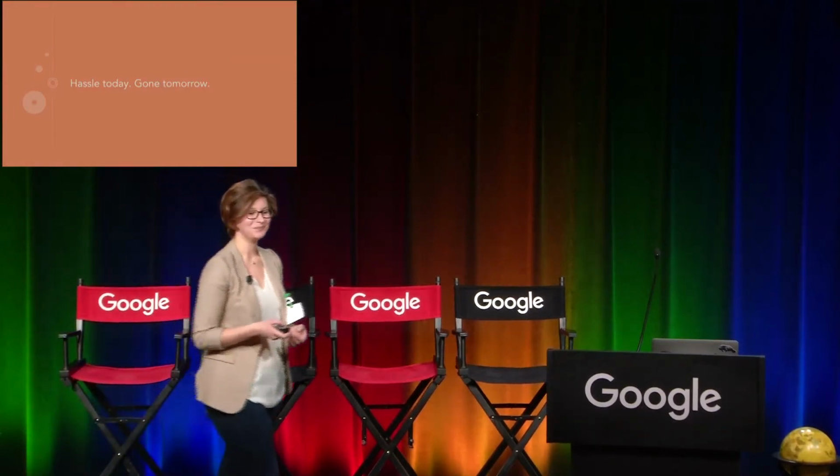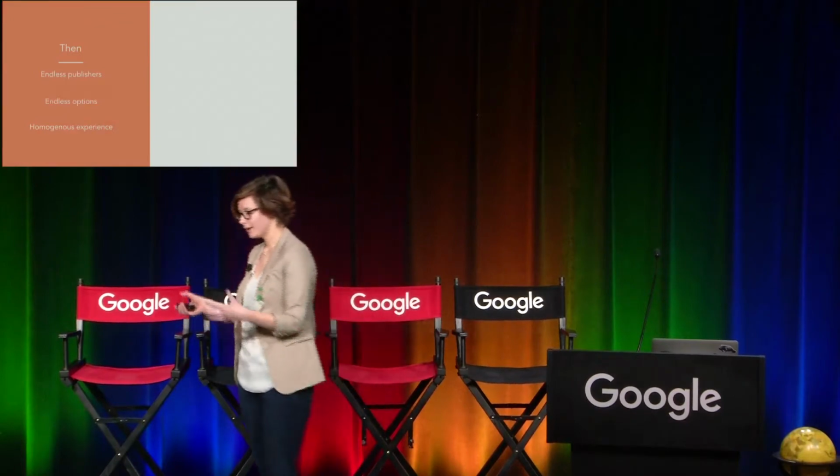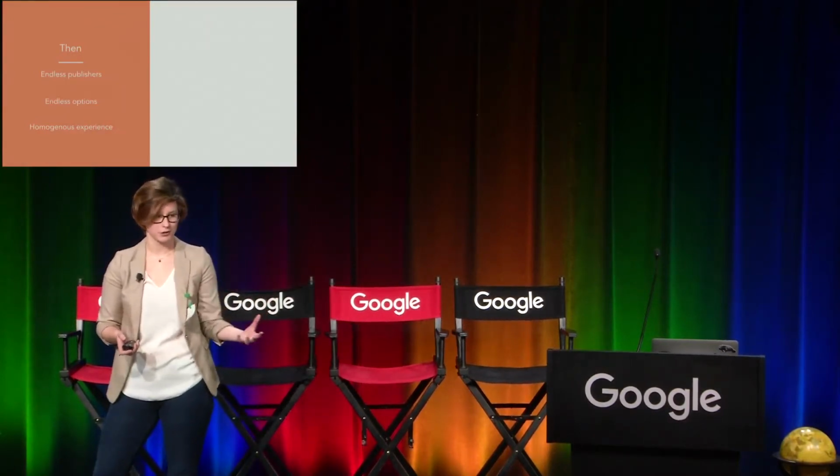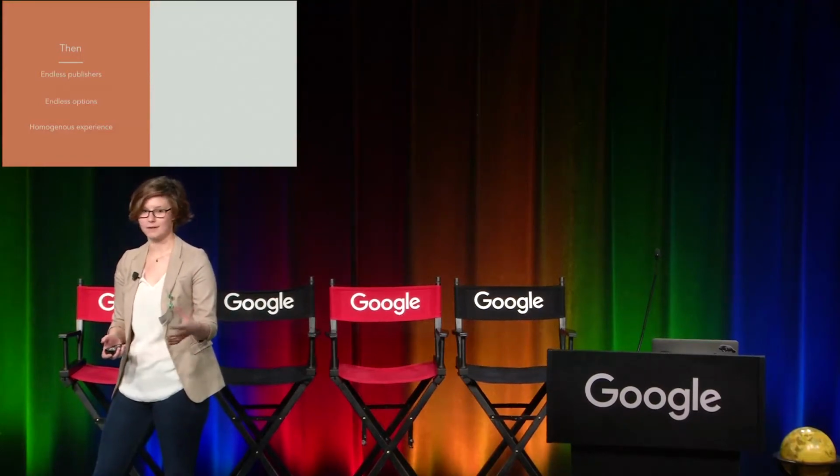So these might seem like a couple of B2C disparate examples, but the message becomes clear, right? Little or big, B2C or B2B, if you're creating hassle today, you're going to be gone tomorrow. So back at the beginning of the internet, we had endless publishers creating endless options.